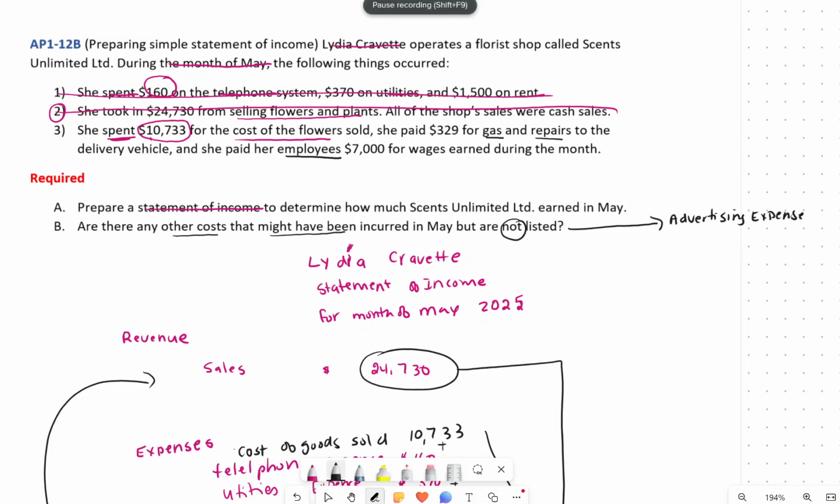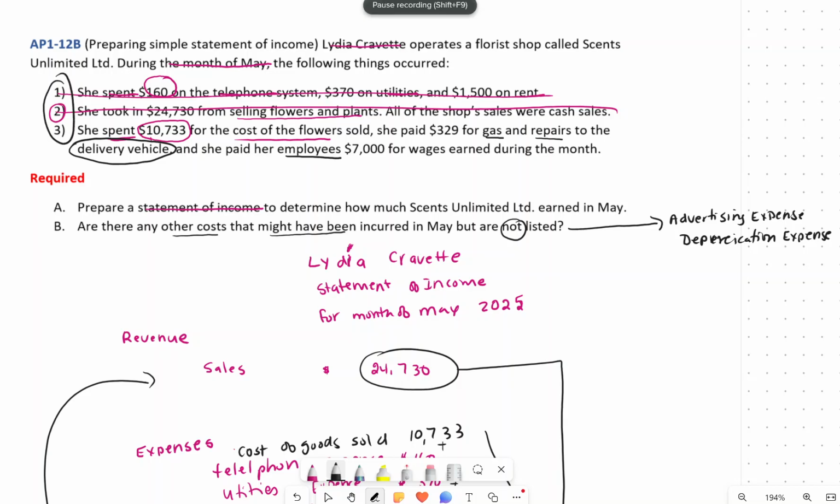She might have that. The other thing could be depreciation, because they said that we have a delivery vehicle, and the value of the vehicle is going to go down. You could also have a depreciation expense that was not included in what they told us.